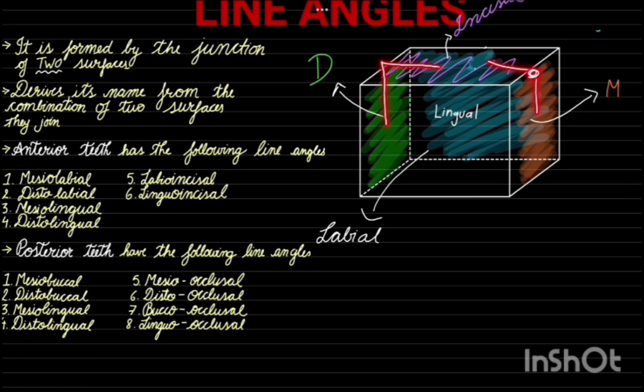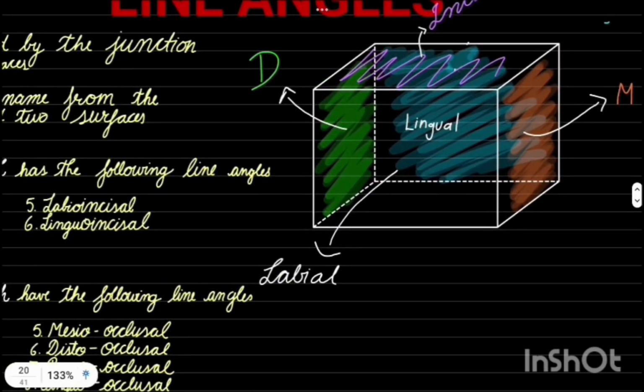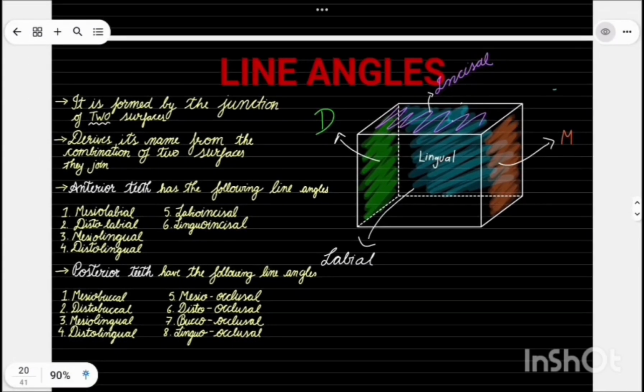So we have a total of 8 line angles in the posterior teeth. So 1, 2, 3, 4, 5, 6, 7 and 8. These are the line angles of the posterior teeth.